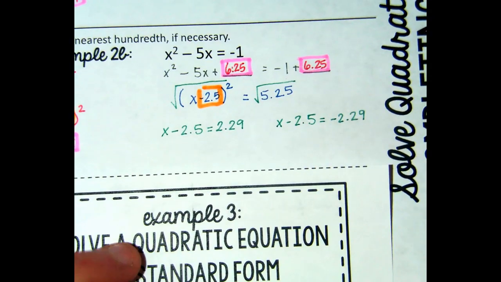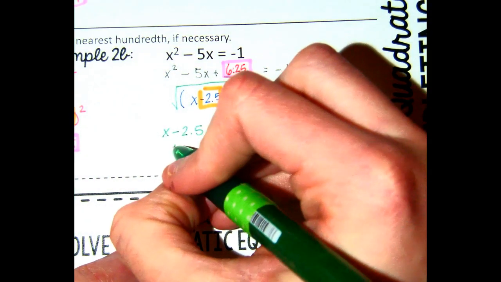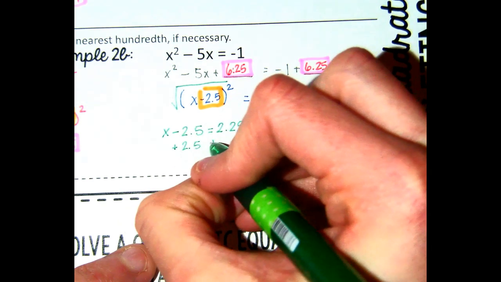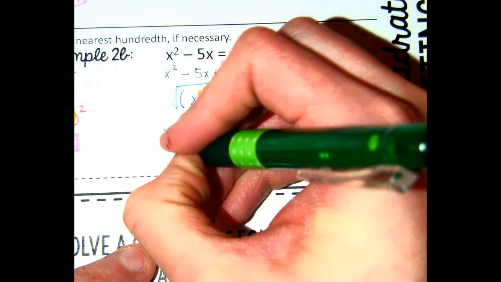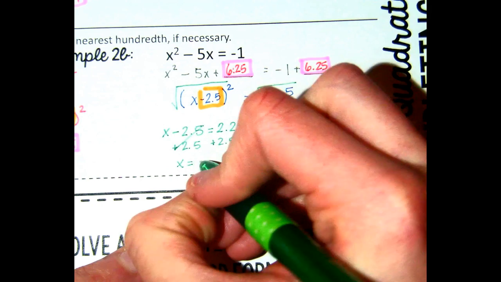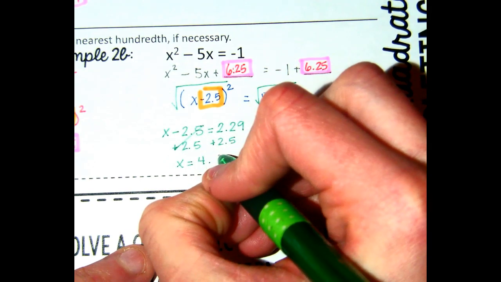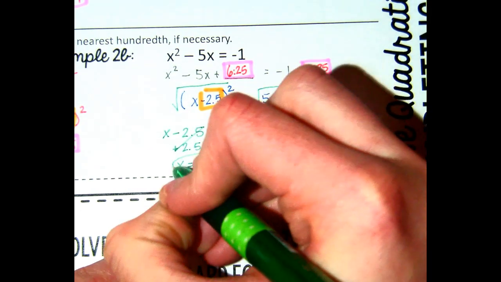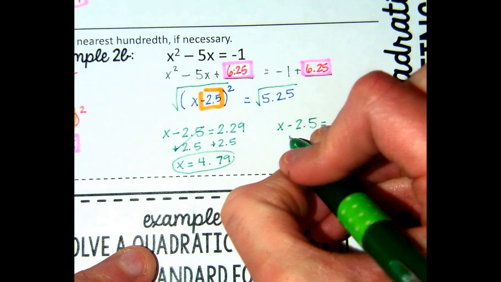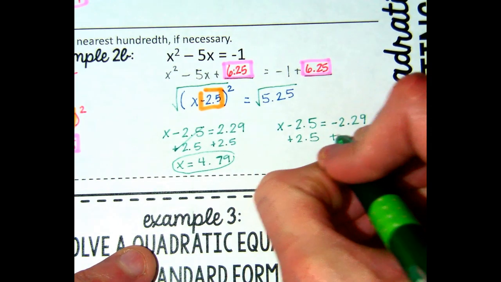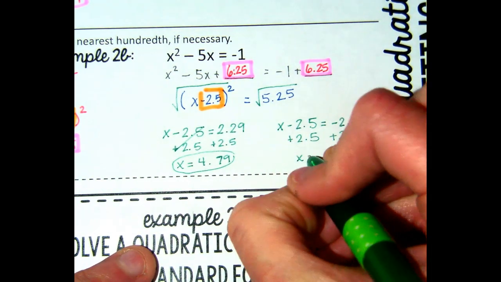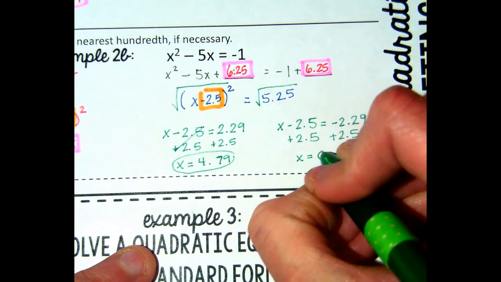Okay? What do I do last? X equals, I think 4.79, add 2.5, so X equals 0.21.